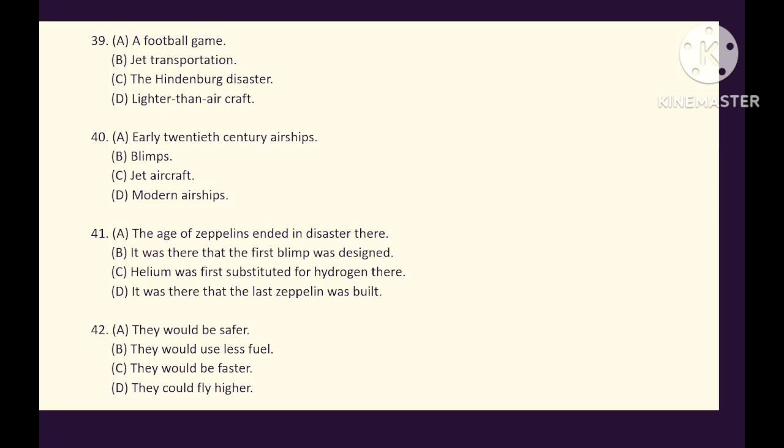Number 41. What important event in the history of airships took place at Lakehurst, New Jersey in 1937? Number 42. According to the talk, what advantage would the airships of the future have over jet airplanes?